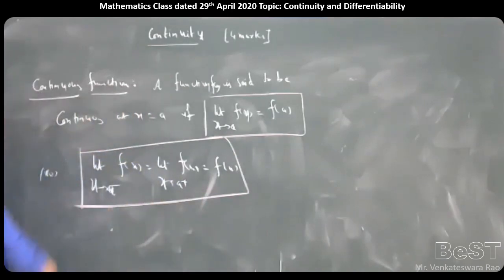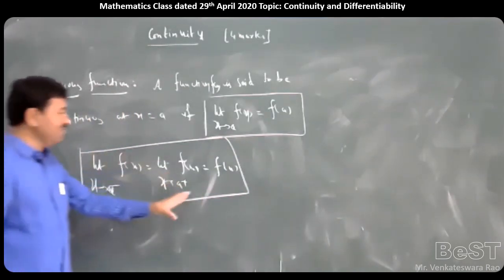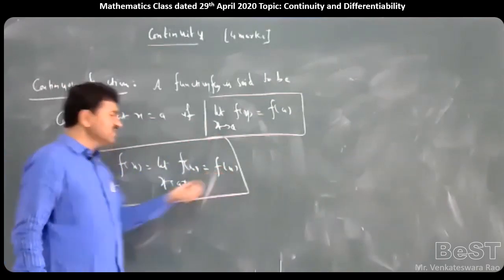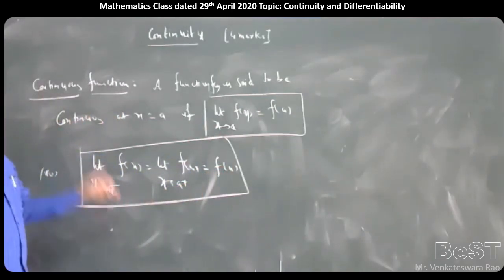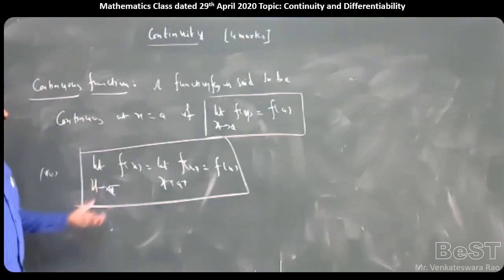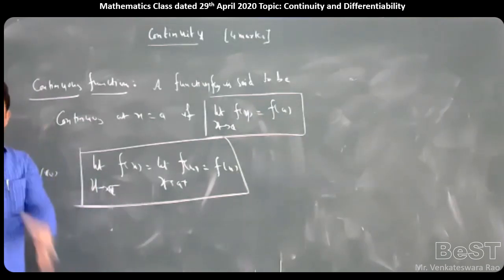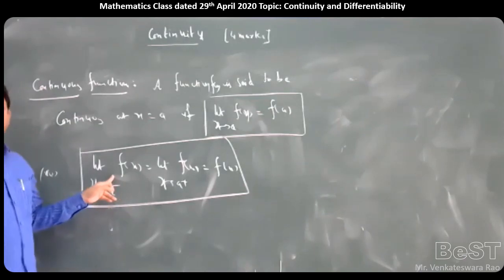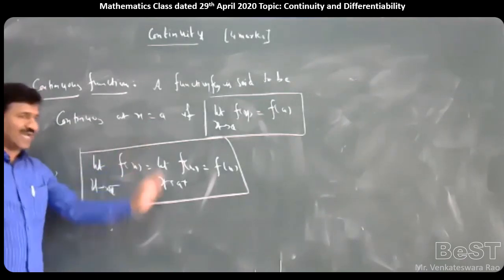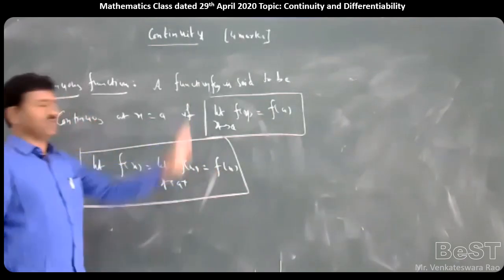To decide the continuity of any function, we have to find the left limit, the right limit and the function value. If these three are equal, we can say the function is continuous. So we have problems based on deciding continuity. What do we have to prove? Left limit is equal to right limit is equal to function value.